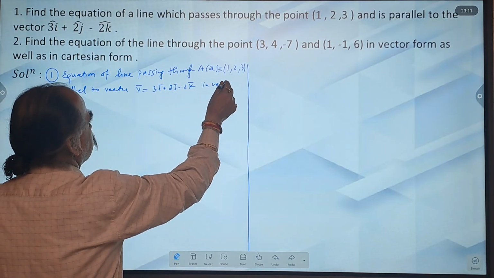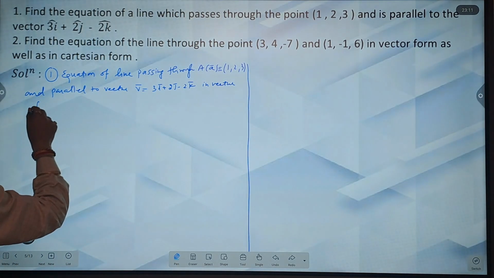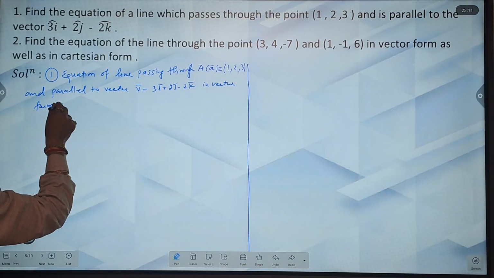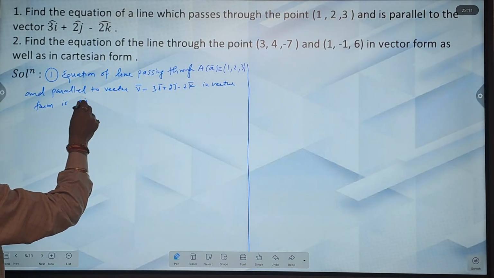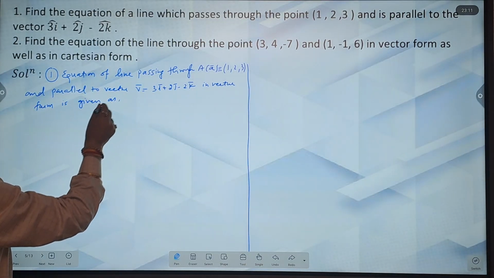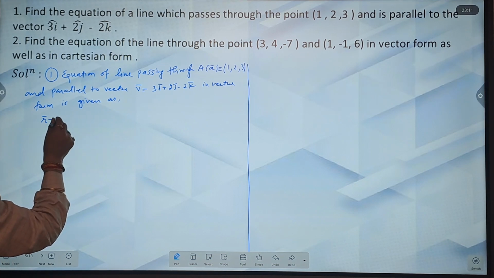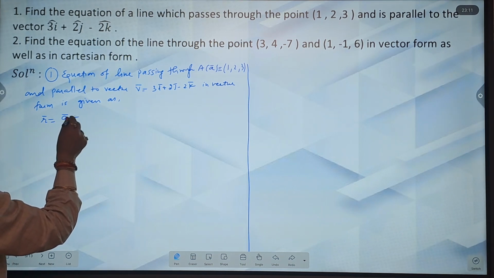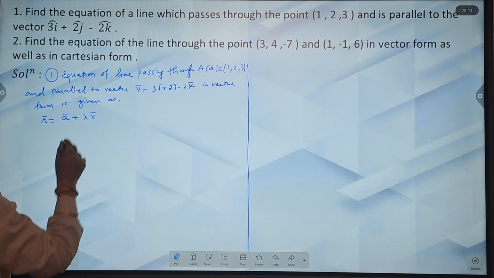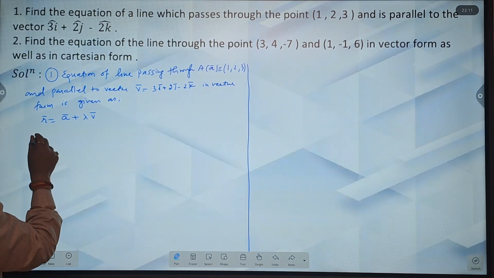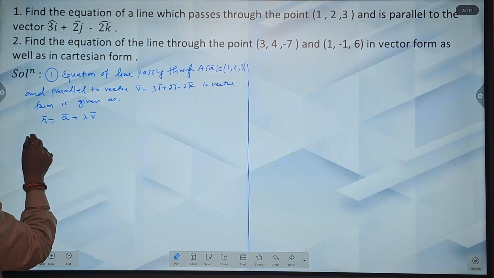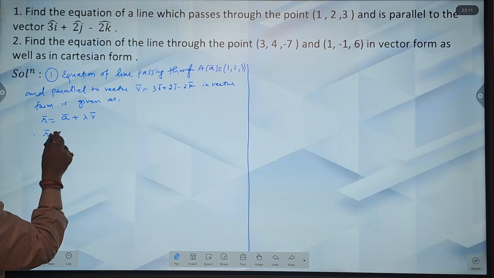In vector form, the equation is given as r bar is A bar plus lambda v bar. R bar is what?